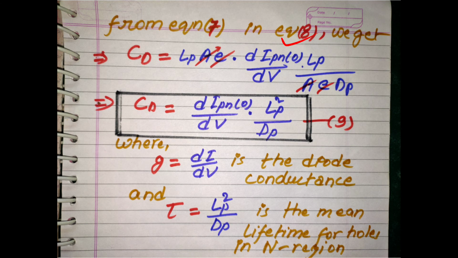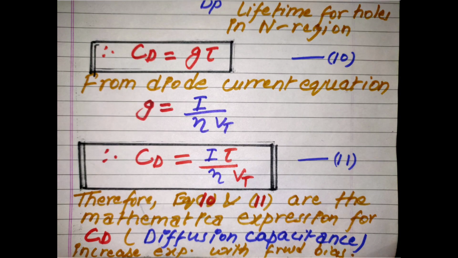After substituting the value of 7 in 8, we get CD is equal to dpn of 0 upon dv into Lp square upon Dp. This is our equation number 9, where G is equal to di upon dv, the diode conductance, and tau is equal to Lp square upon Dp, which is the mean lifetime for the holes in the n region. If you substitute G and tau, you get a new equation. This is the equation for CD in terms of G and tau.